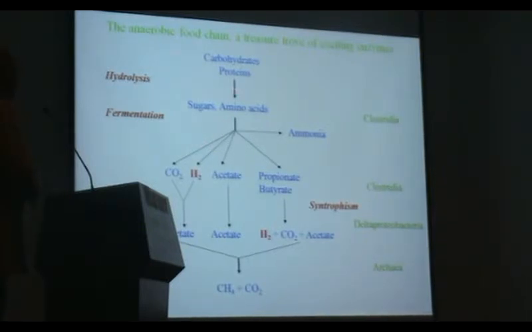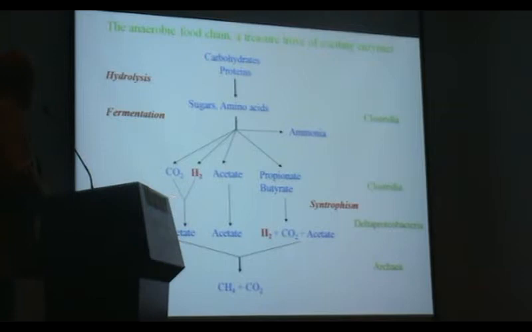In the first step, the carbohydrates and proteins are hydrolyzed by exoenzymes, and then the sugars and amino acids are fermented to CO2, hydrogen, acetate, propionate, butyrate and other short-chain fatty acids, and ammonia. And that is the fermentative step.